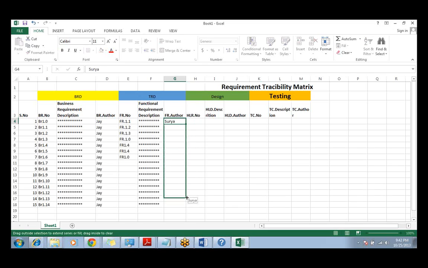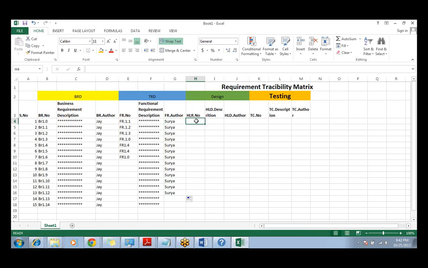Surya is the author for all this. We are doing a high-level requirement and trying to put together all the information here, and we will again put the numbering as SLR 0.1, something like this. We did the numbering.